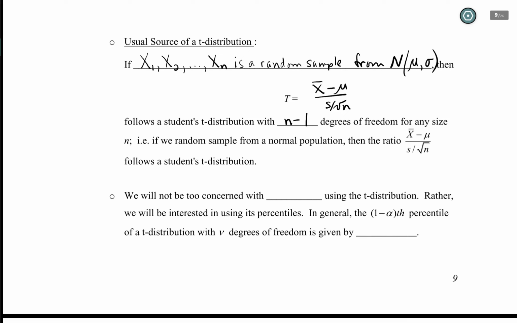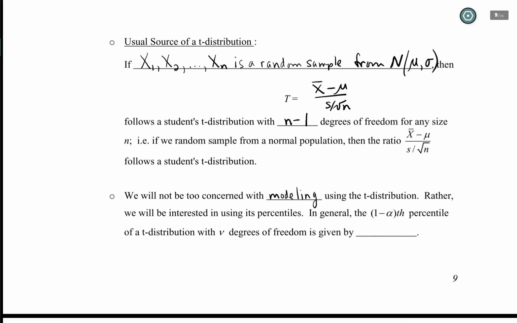Now for us and the t distribution, we are not too concerned with modeling using the t distribution. That is, I'm not that interested in assuming some variable follows a t distribution, then asking questions about the probability of seeing something larger than that variable, the particular values of that variable, and this sort of thing.